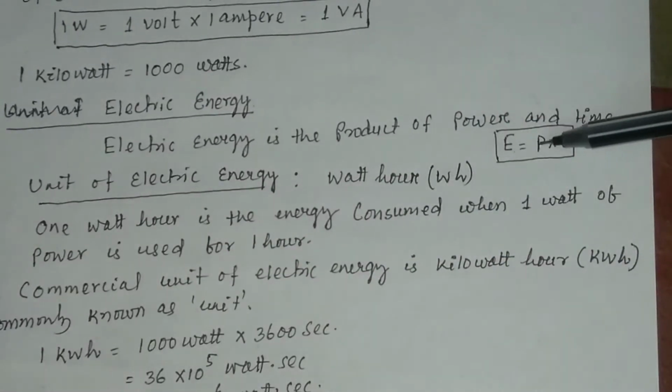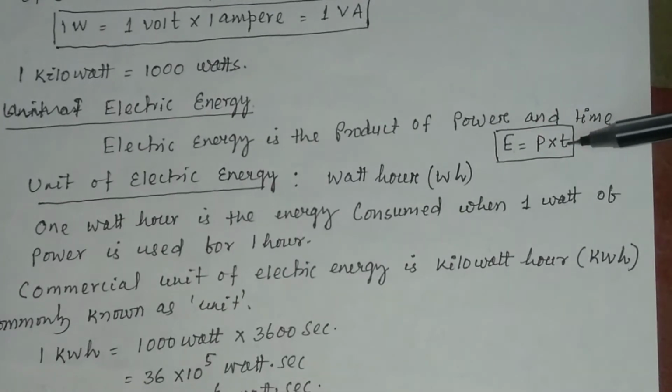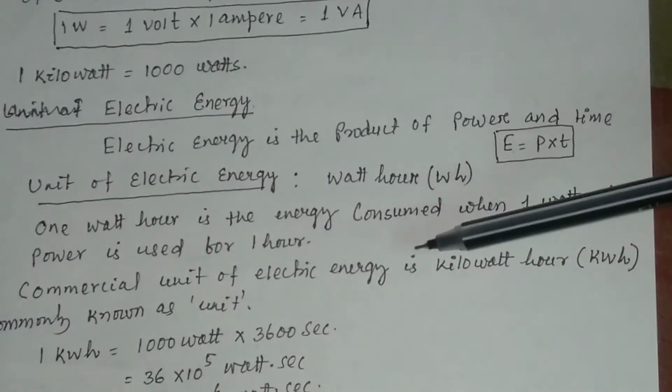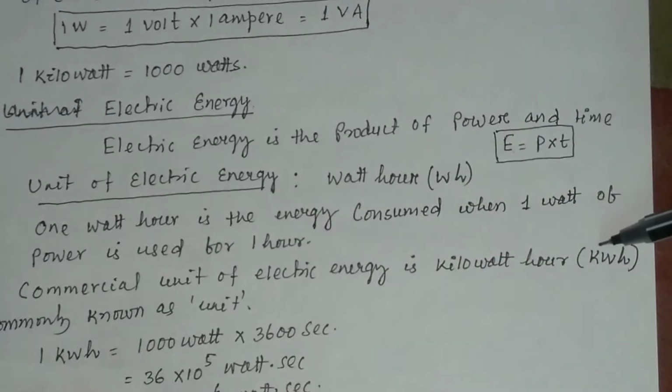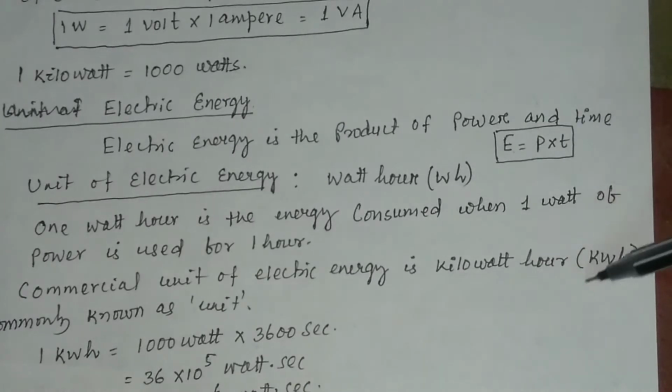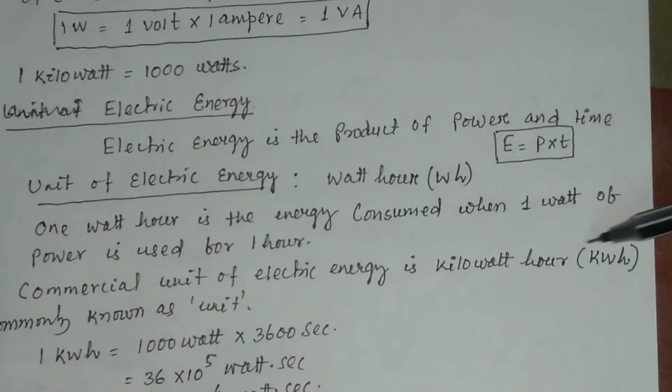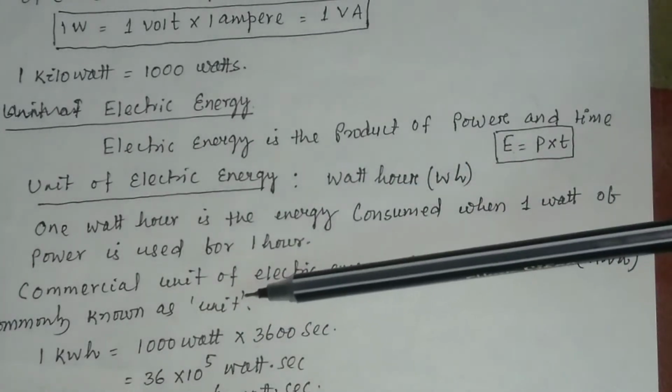The commercial unit of electric energy is kilowatt hour. Kilowatt hour is commonly called unit.